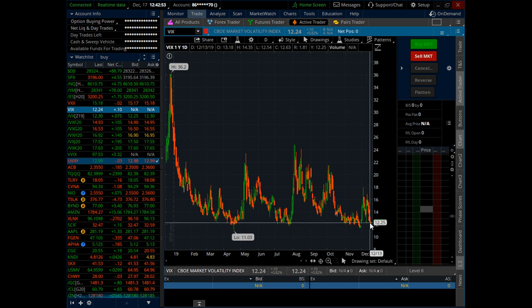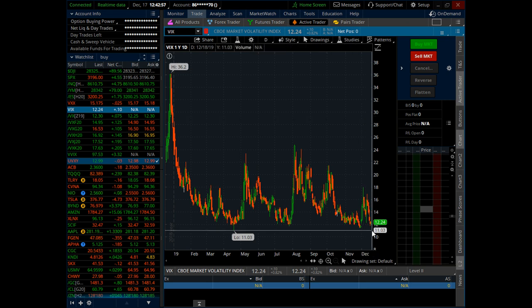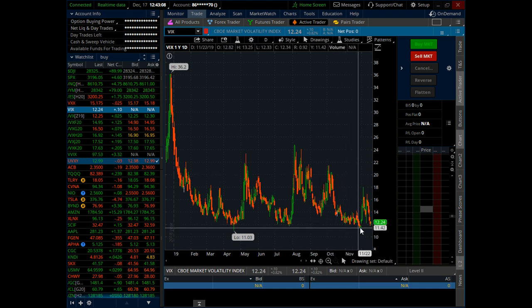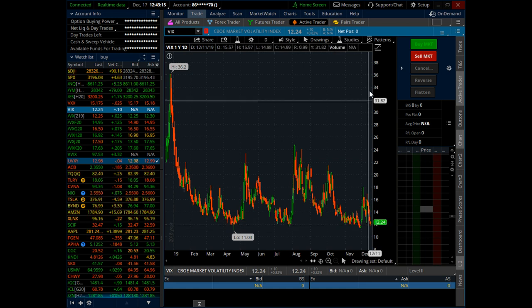So if you buy these VIX products, they have a lot of decay in them. However, the lower the VIX goes, the more likely they are to make money and for these things to pop. So if you buy VXX or UVXY, there's a good chance that this stuff's going to pop.